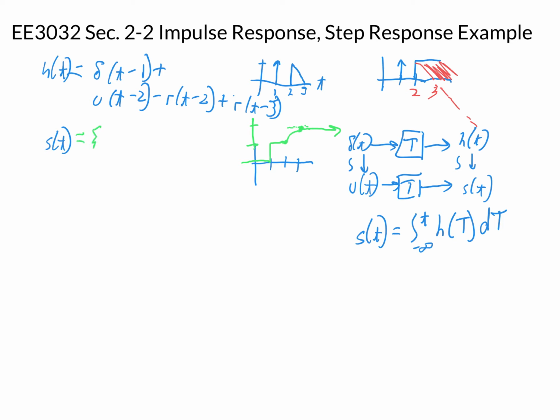So the value is 0 for t less than 1. The value is 1 from t equals 1 up to and including 2. From 2 to 3 we're going to have the parabola, and then beyond 3 we're going to have the value 1.5.